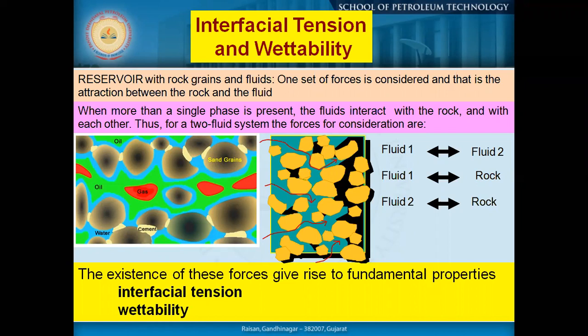So water is occupying the pore space, the path is different, you see the curved path. But if it is just the reverse, that means the oil is occupying the place of water, the path will be straight like this. That's why, when we are analyzing resistivity, and from resistivity we are getting the water saturation value, wettability plays a very important role.